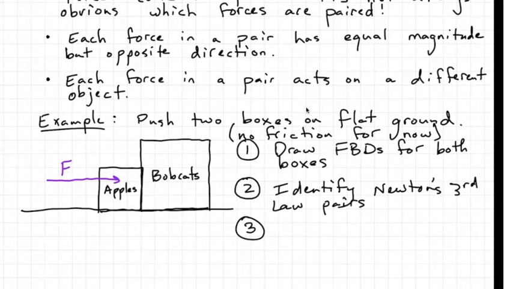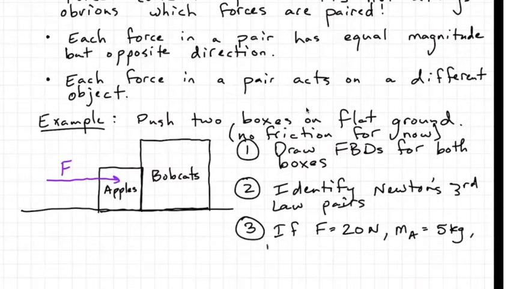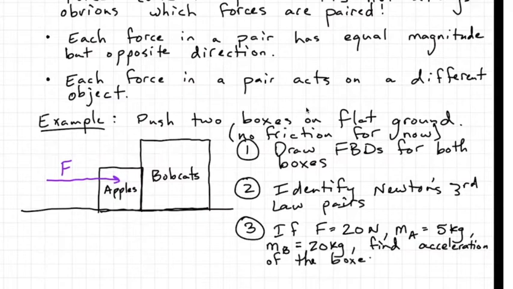So we're going to give the force a value. So if force is 20 newtons, and I give masses to each of the boxes. So the apples have a mass of 5 kilograms, and the bobcats have a mass of 20 kilograms. Then we'll find the acceleration of the boxes. And then the fourth part, last one, how much force is exchanged between the boxes?